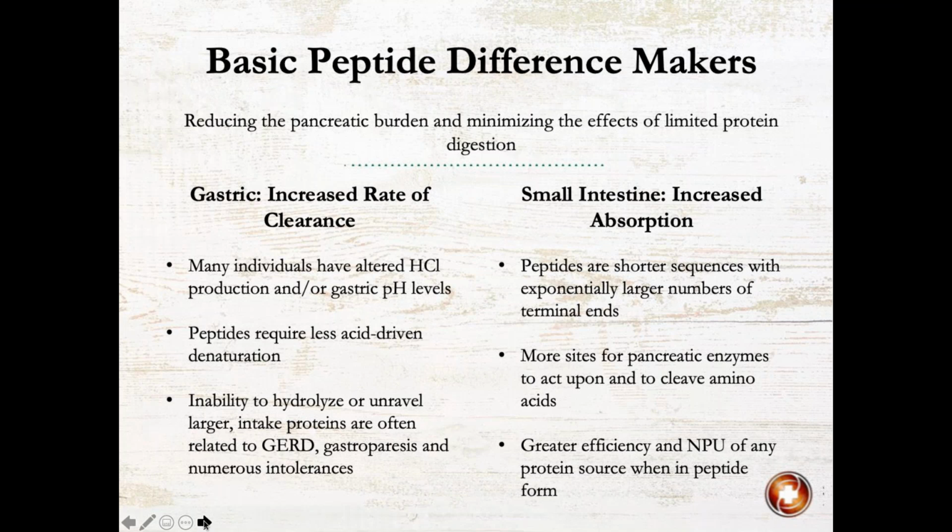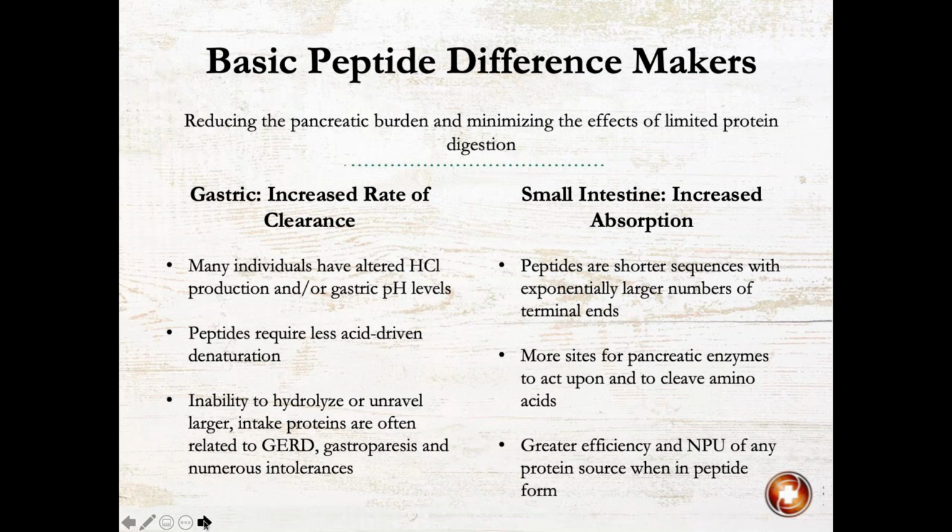Sometimes that is intended by physicians to lower acid levels in the stomach. That will really disrupt protein digestion, primarily through its inhibition of hydrolysis. So that's one reason you're going to have higher rates of peptide absorption and digestion, because there's less hydrochloric acid required.